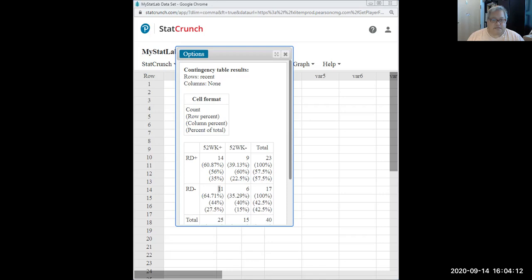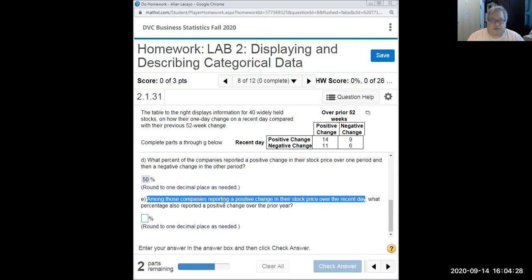Following to part E, it says, among those companies reporting a positive change over a recent day, comma, what percentage also reported? There's the verb. So now that you see the verb, you notice that there's a lot of information prior to the verb.